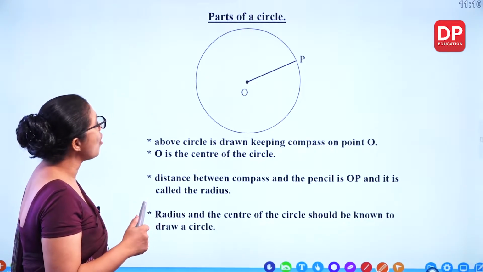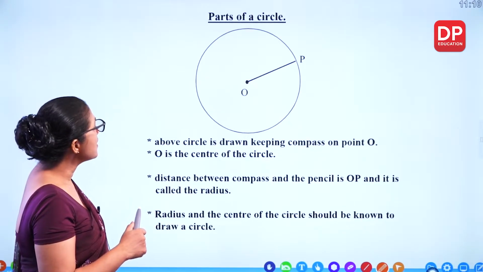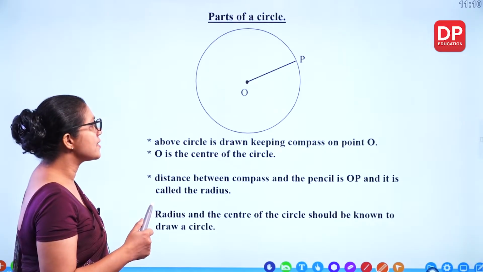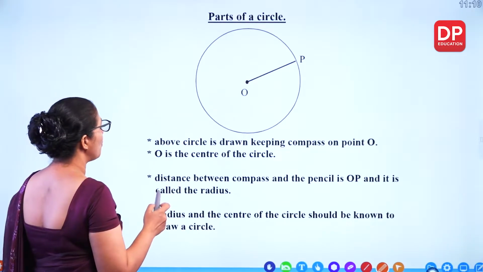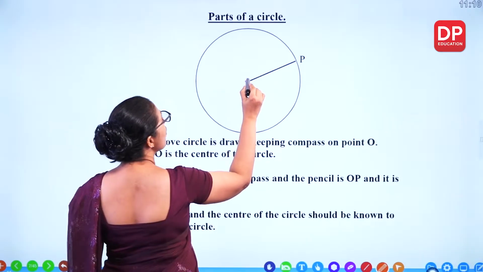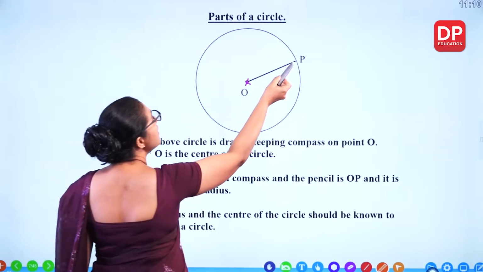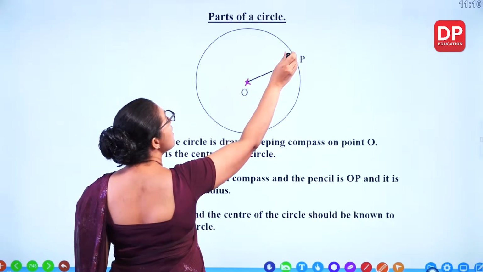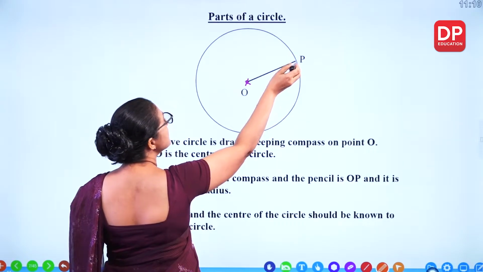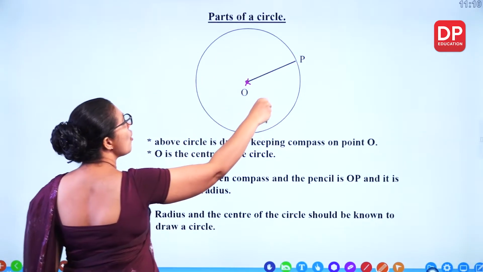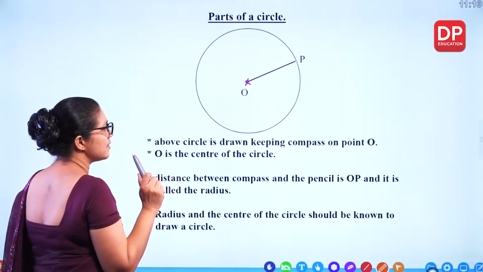So look at this circle. What are the parts of a circle? The above circle is drawn keeping the compass on point O. You keep the compass here and on the other end you have the pencil. When you draw it, you get this circle.